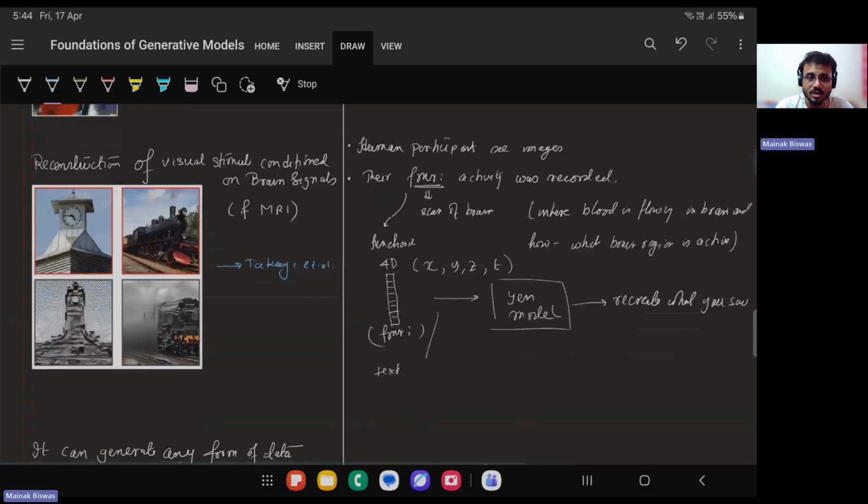For example, if you saw this watchtower here, sorry, I didn't mention it. These are the real images you saw. The model created these images. Given the fMRI, this is the original. Remember that you only gave fMRI. The model created this on being given fMRI only.